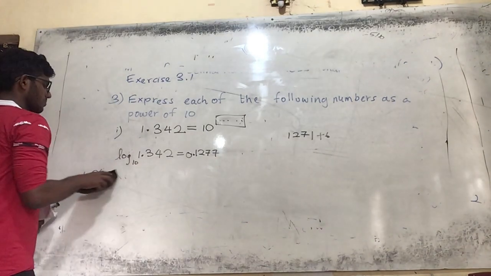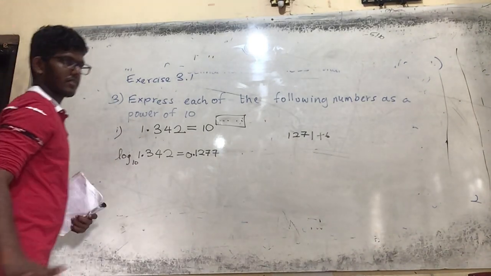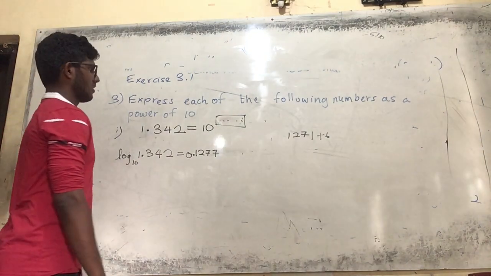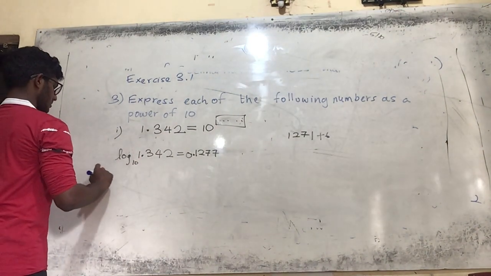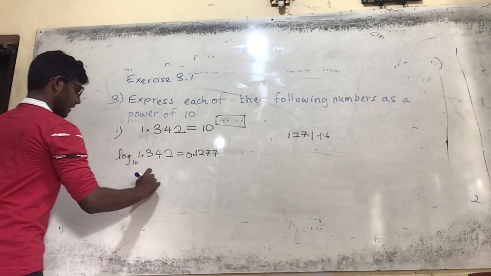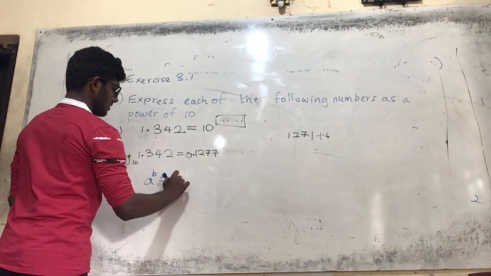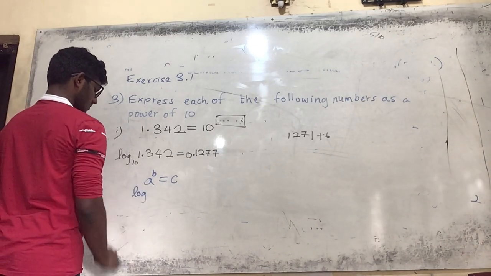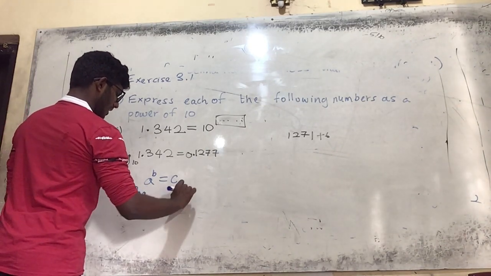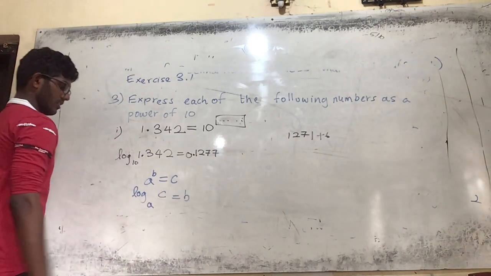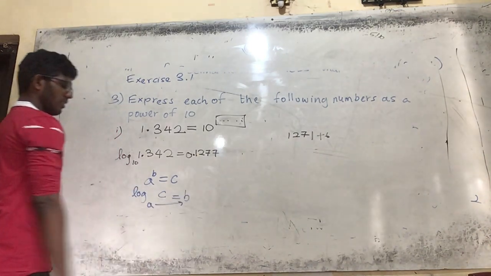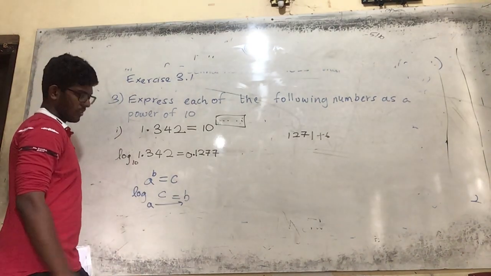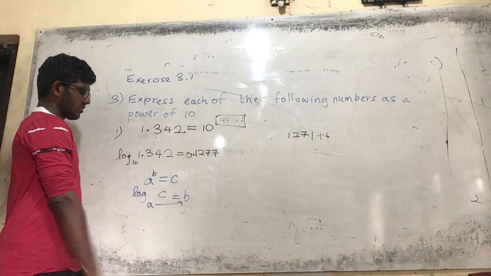Once you come up to this point, it's very simple. I have taught that if a to the power b is equal to c, then log a c equals b. Remember, in the previous video, the common error with a to the power b equals.